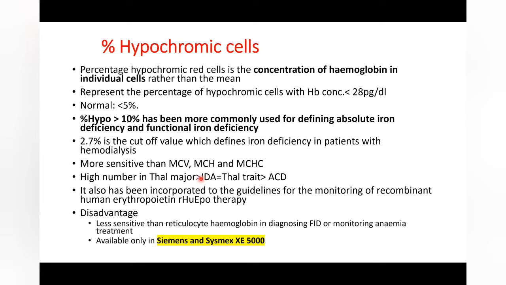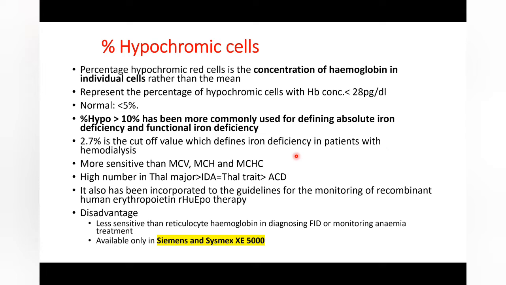Now suppose we are talking about thal major, iron deficiency anemia, or anemia of chronic disease, all are going to have hypochromic cells. So is there a difference in all these three? The highest percentage of hypochromic cells is seen in thal major, followed by iron deficiency anemia, followed by anemia of chronic disease, and it has also been incorporated in the guidelines for monitoring recombinant human erythropoietin therapy.